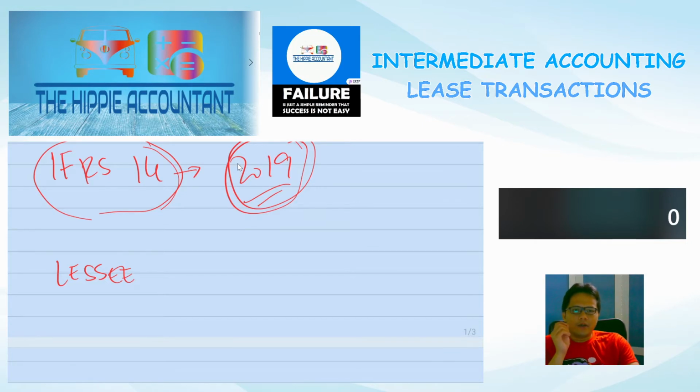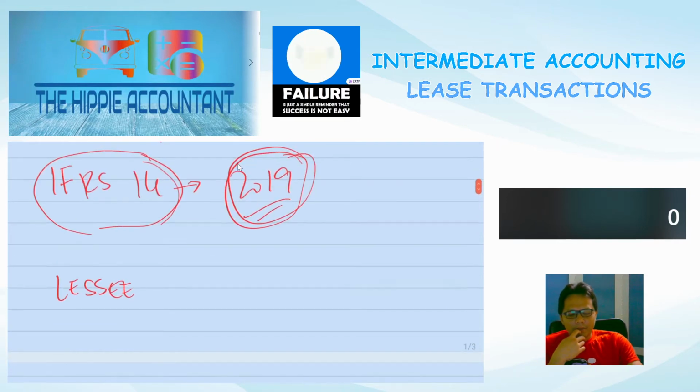Before, yung lease talaga in general, we have two types of lease. Okay? Two types of lease. The first type, yung tinatawag natin na operating lease, and the second type, yung finance lease.